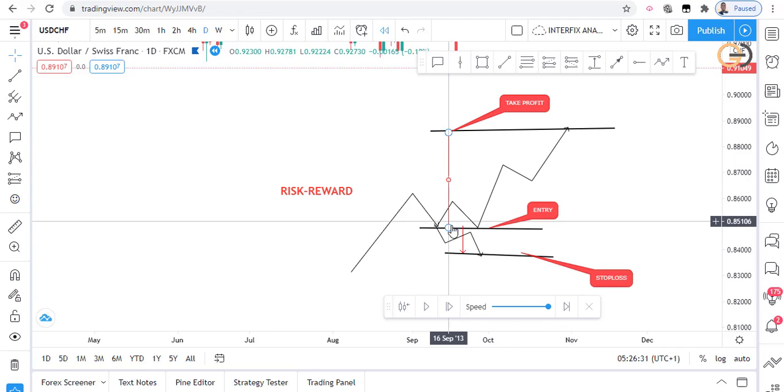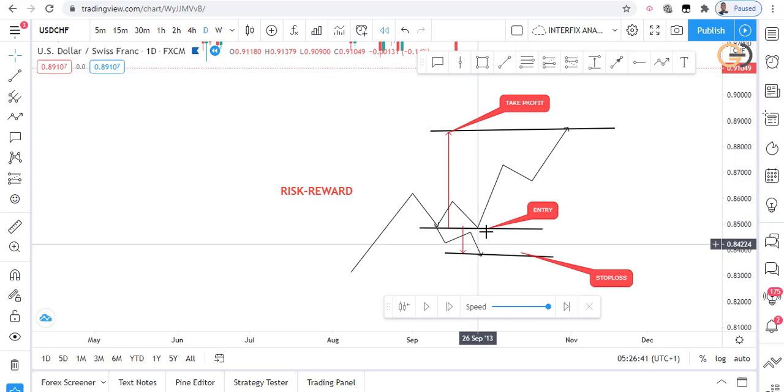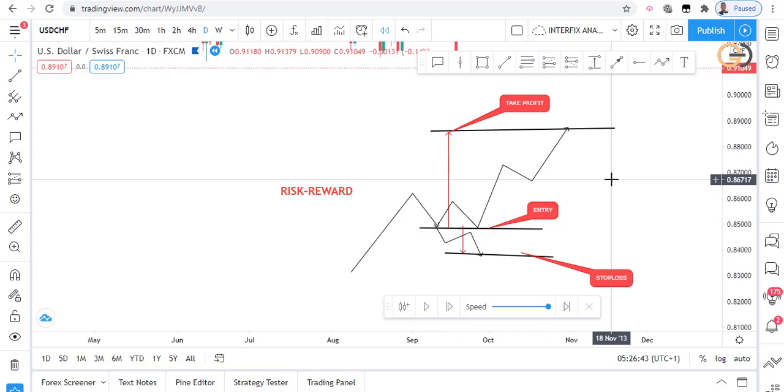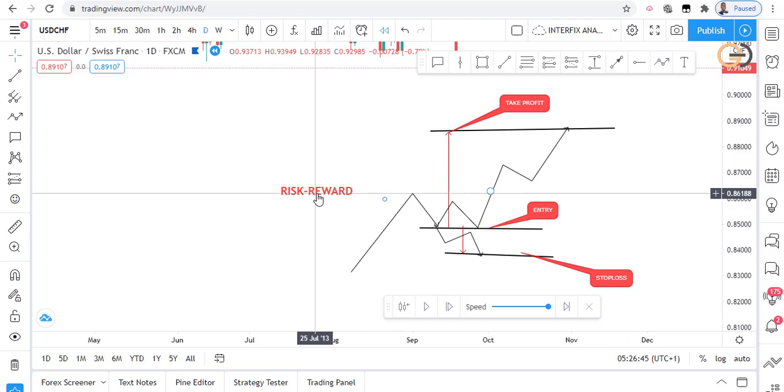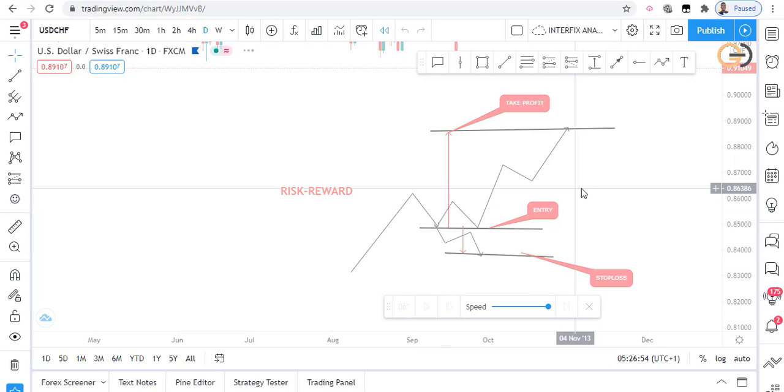So you don't enter the market at a point where it can reverse against you. Very, very important. You must know your risk to your reward before you enter a trade. Risk management is the only way you can save your account, because if you don't have knowledge of risk management, you are going to lose.